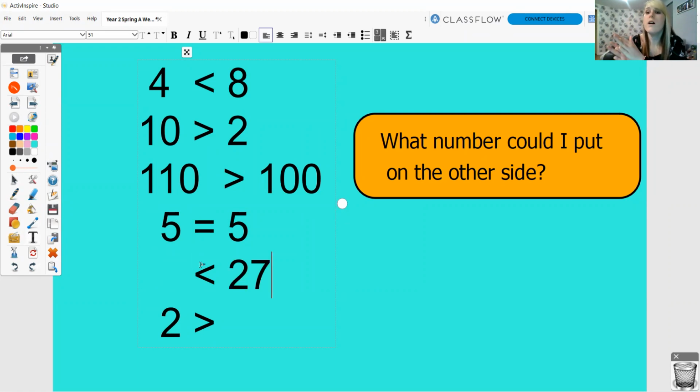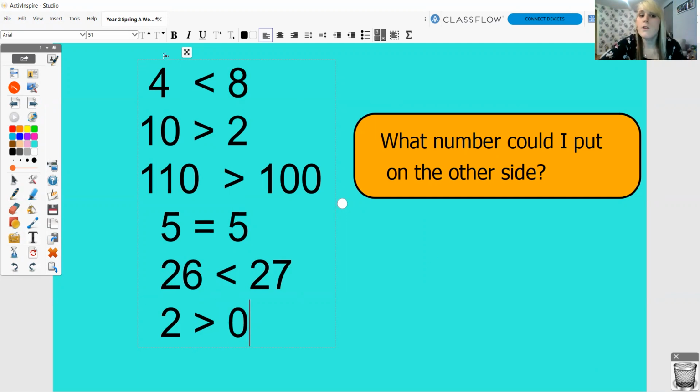So if the crocodile would rather eat 27, we need a number that is smaller on the other side. So let's pick 26. And then the last number sentence is the crocodile eating 2. 2 is greater than 1. So what number is 2 bigger than? It could be 0 or it could be 1. So let's do 0.